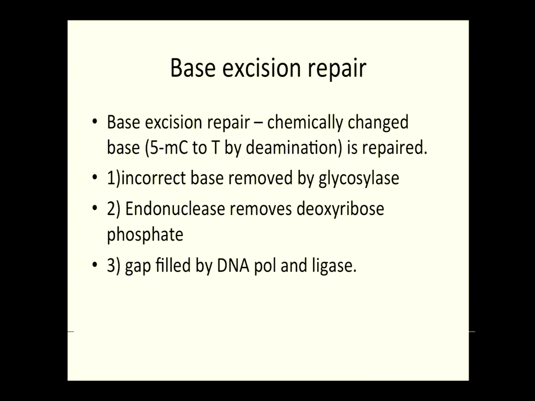So they remove the T and they put back the C. You remove the chemically changed base by glycosylase, and the nuclease removes the deoxyribose phosphate backbone, and then you fill in the gap with DNA polymerase and ligase. And just go back to the slides if you have problems visualizing it, but know the details and the sequence in which it is happening.